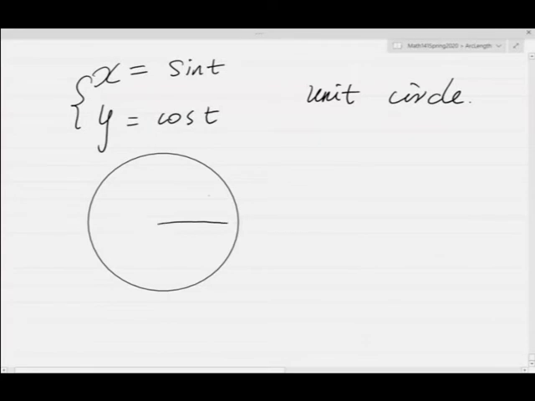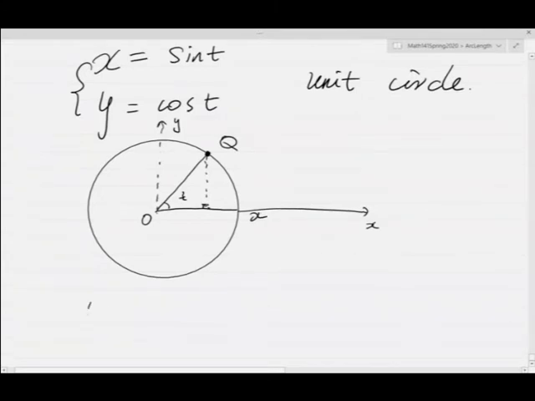The central angle is t, between the x-axis and the y-axis. We have this point Q, and you can solve the triangle to get the coordinates of Q. The angle here is t.